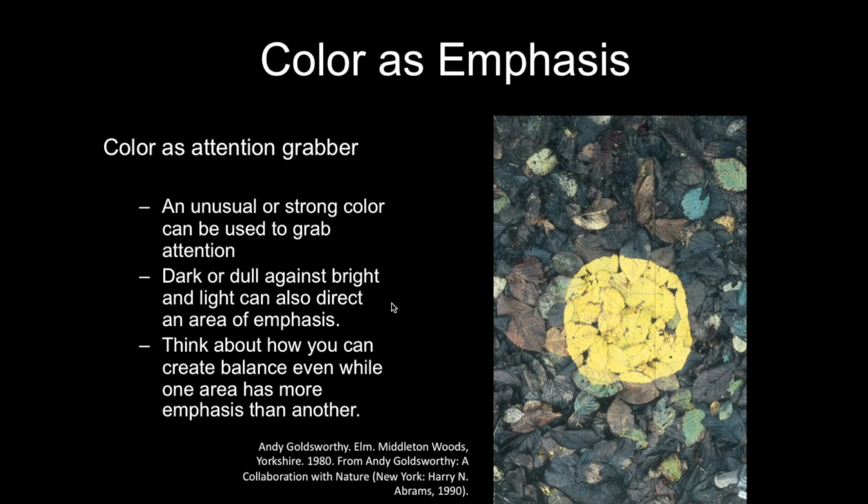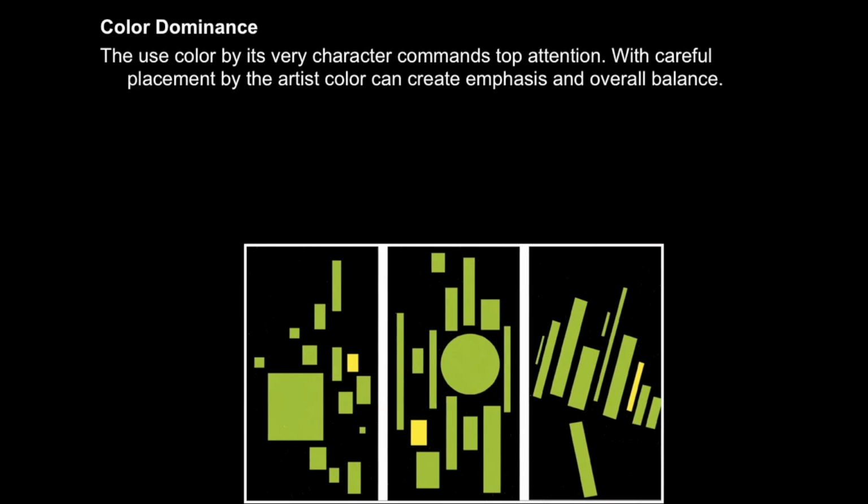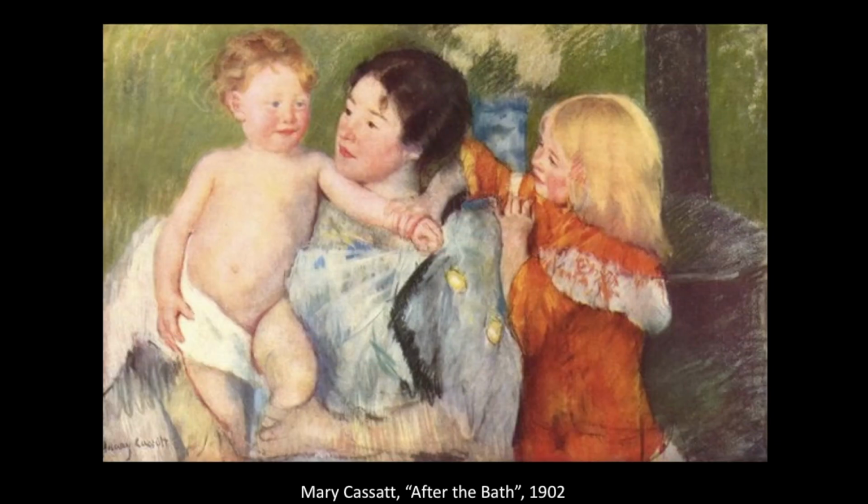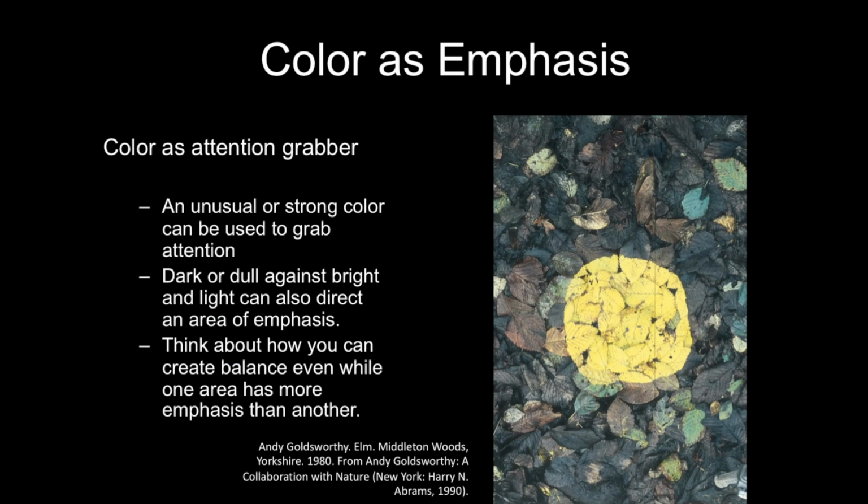So if you're using a bright color, you can use color as emphasis. What that just means is when you're creating balance, there can become emphasis on one area that is bright, and that will cause our eye to spend more time looking at it.